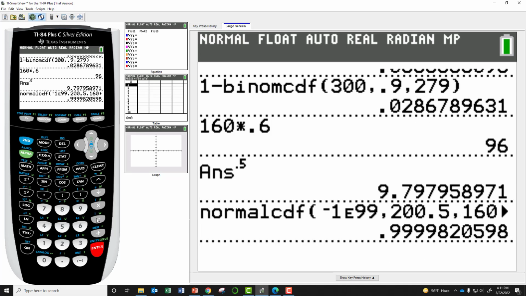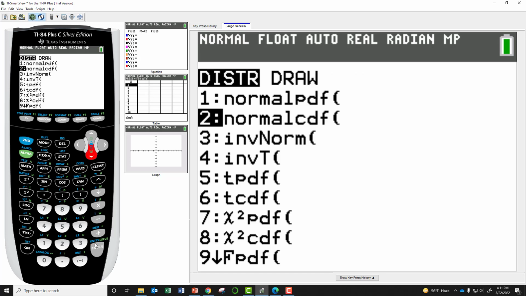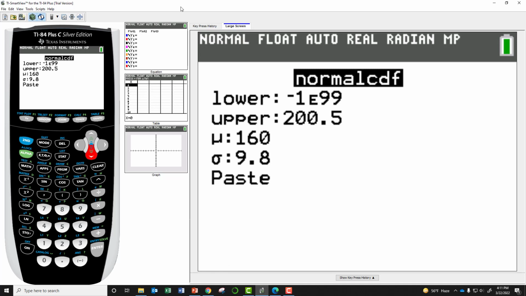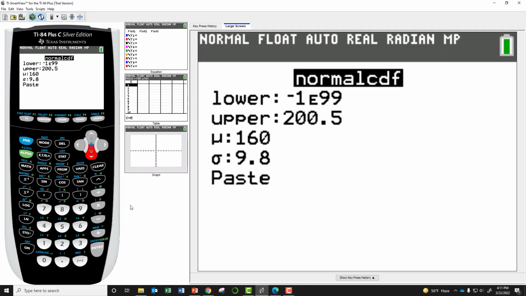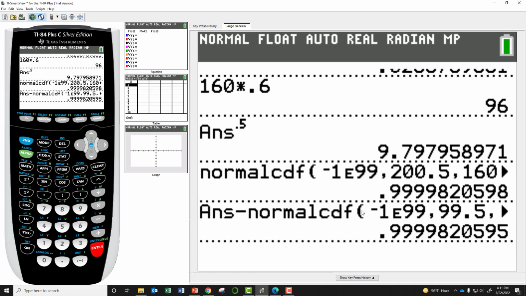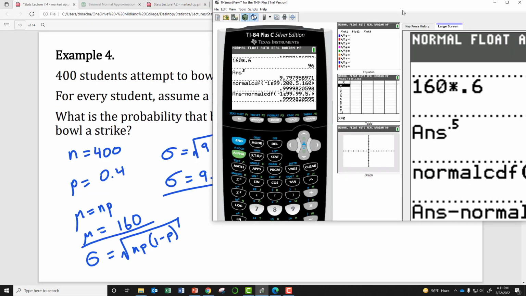Paste, paste. And then I subtract second VARS, another normalcdf, where now my lower bound is what goes in, and my lower bound is 99.5. So this is 99.5 where it says upper. And then I go down to paste, enter, and you get almost all of the probability there, 0.9999821.